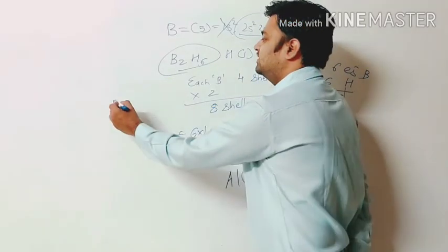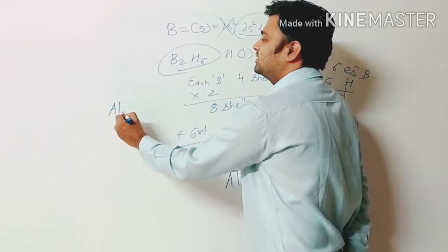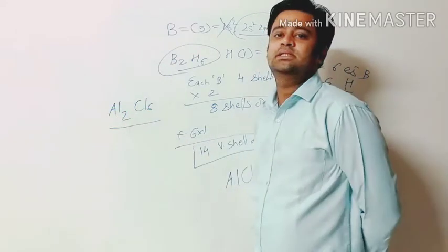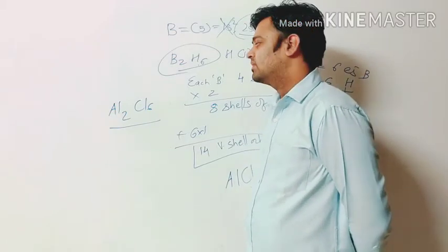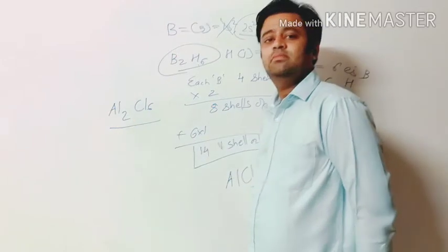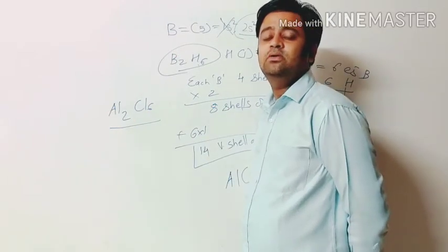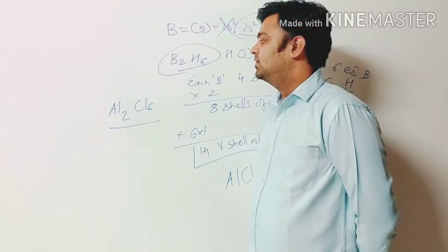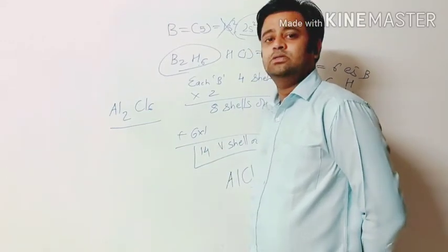Generally, AlCl3 exists in the dimeric state, that is Al2Cl6. Why does this happen? This happens only due to the deficient nature of aluminium. AlCl3 is a good Lewis acid. It has the ability to accept electrons.